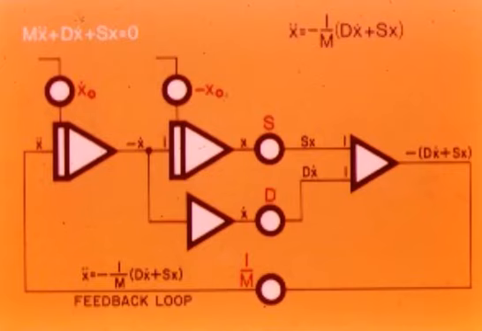Third, use potentiometers to set in the problem parameters m, d, and s. Also, establish the starting values for speed and displacement with potentiometers connected to the initial condition inputs of the integrators. Fourth, combine appropriate values to yield the equality expressed by the program equation. Connect these to the x double dot starting point by means of a feedback loop. This completes the diagram.